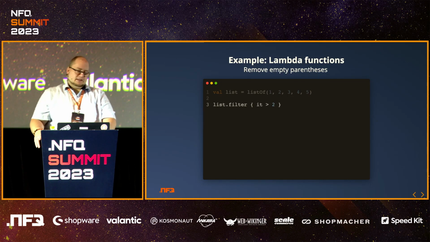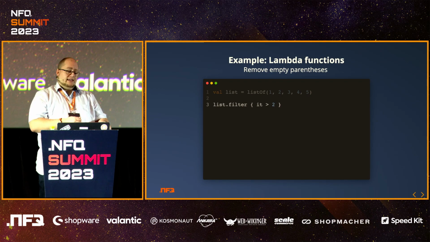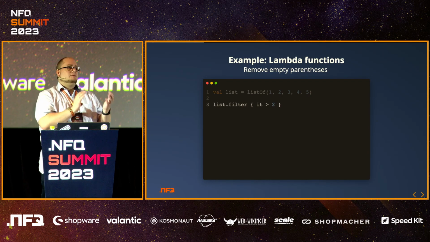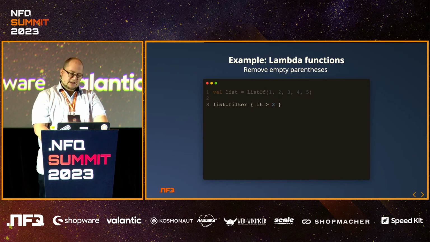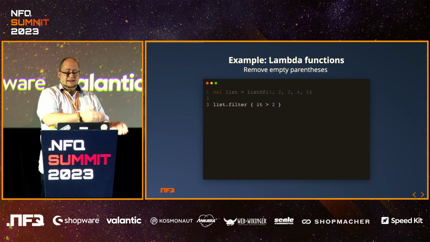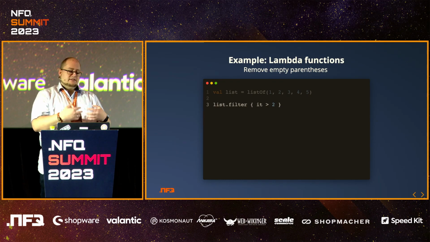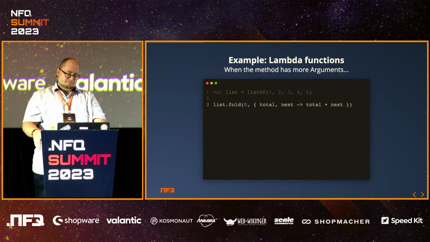And if the method only has 1 parameter, I can also remove the parentheses completely. If you come from another programming language, this looks a lot like an if statement or something like this. So it looks a bit cleaner.